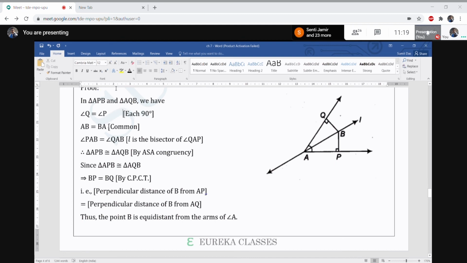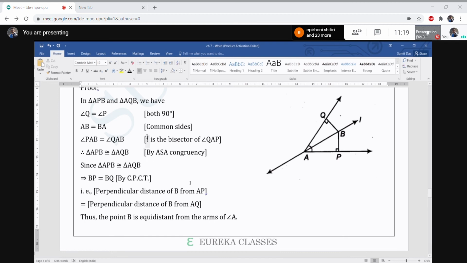And AB equal to AB, or BA, common side. Now angle PAB and angle QAB, these two angles are equal because L is the bisector of angle QAP, right? So these two angles will be equal. So what we can say is APB and AQB are congruent.